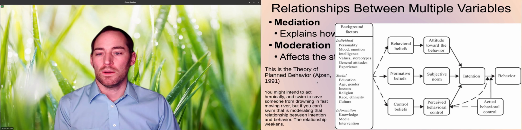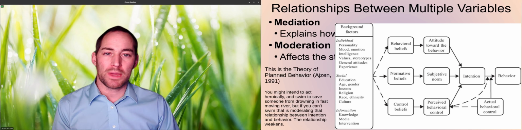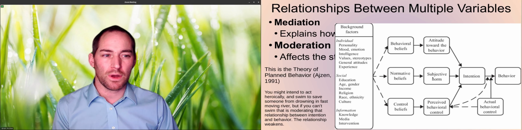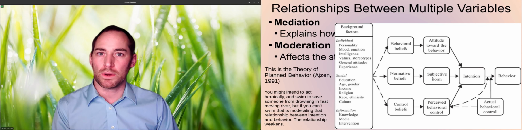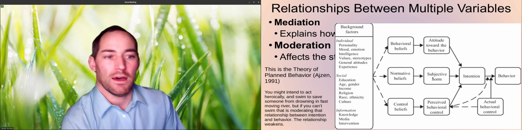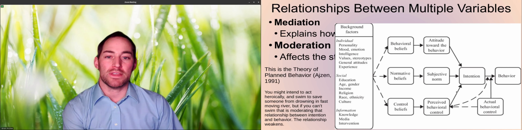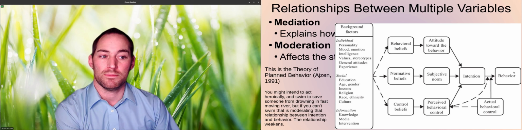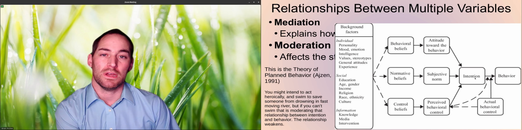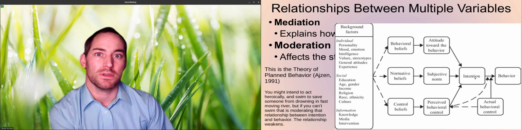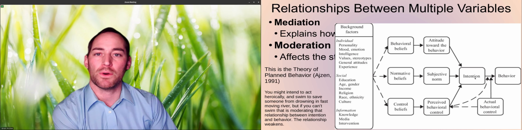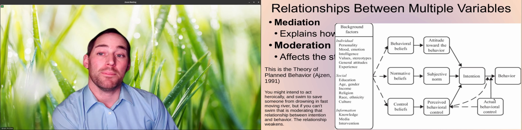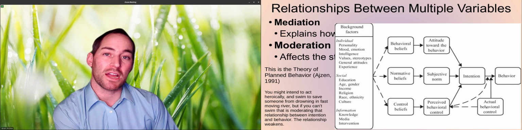So this is the theory of planned behavior. I don't think we've shown this in this class. I generally show it in the social psych chapters of general psychology. But we have an intention to behave. But we also have behavior. Right? So let's say you really intend to vote. So you intend to vote in the election, but it can be moderated by your actual behavioral control.